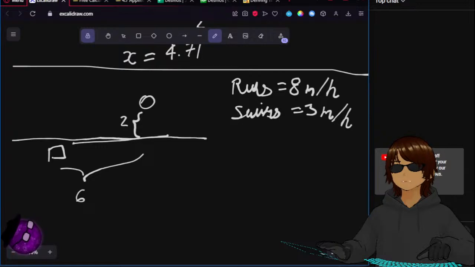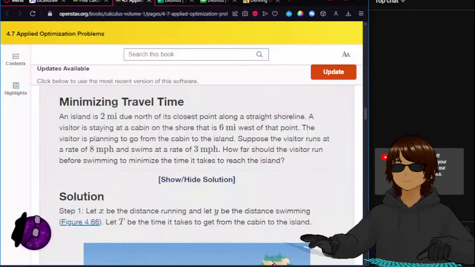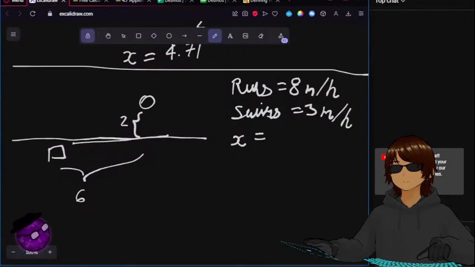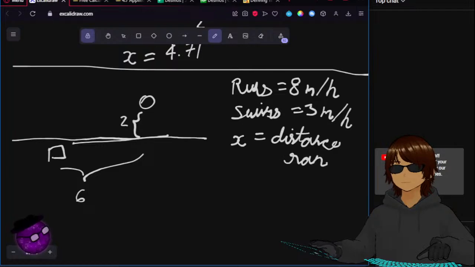Okay, so he could run. If x is the distance he runs, distance ran, and y is the distance swam.